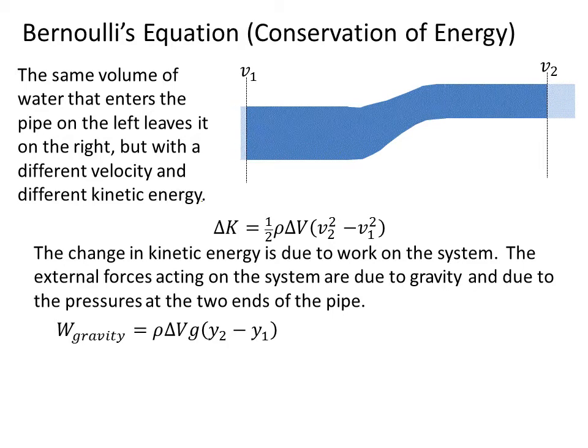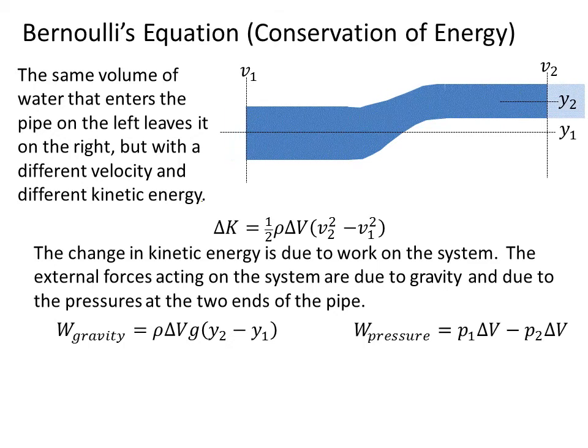And it's the mass, again, the density times delta V, times the acceleration due to gravity, little g, times the difference in the height, y2 and y1. The work due to the pressure is equal to the pressure at the entrance, P1, times delta V, minus the pressure P2 times delta V.